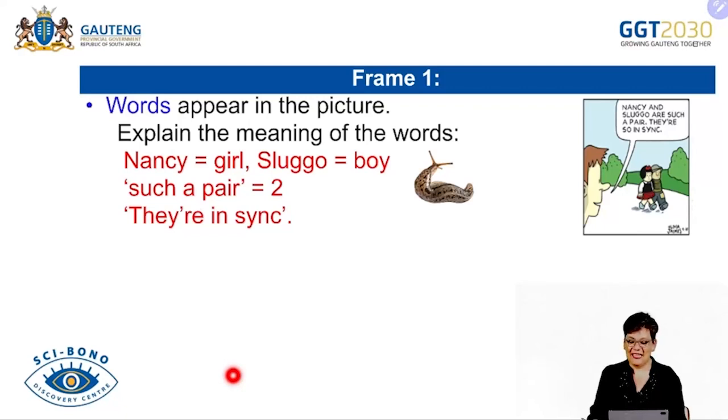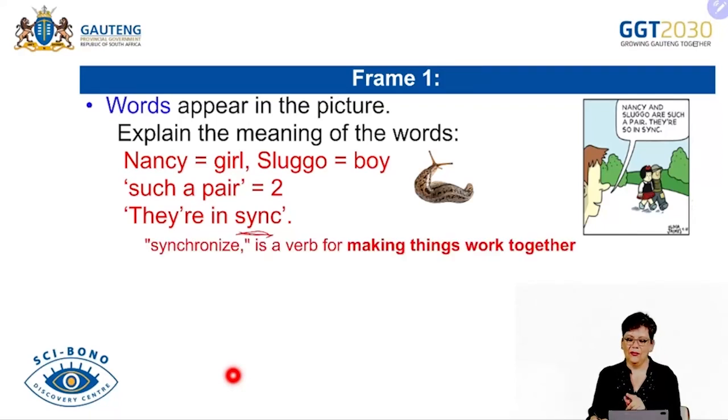They are in sync. Now, in sync, if you're not quite sure what that means, you'll have to look at the picture to try and figure this out, because this might be a word you're not familiar with. If you are in sync, it means you are synchronized. You are working together. So you are perfectly in sync.